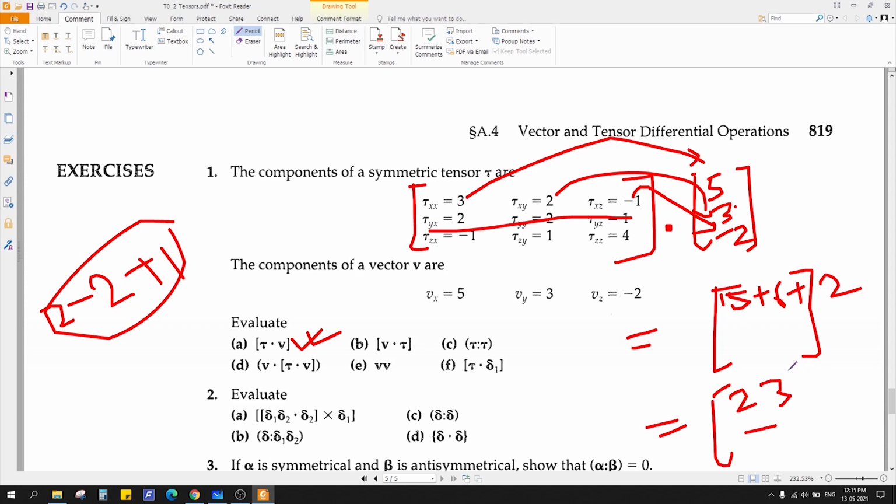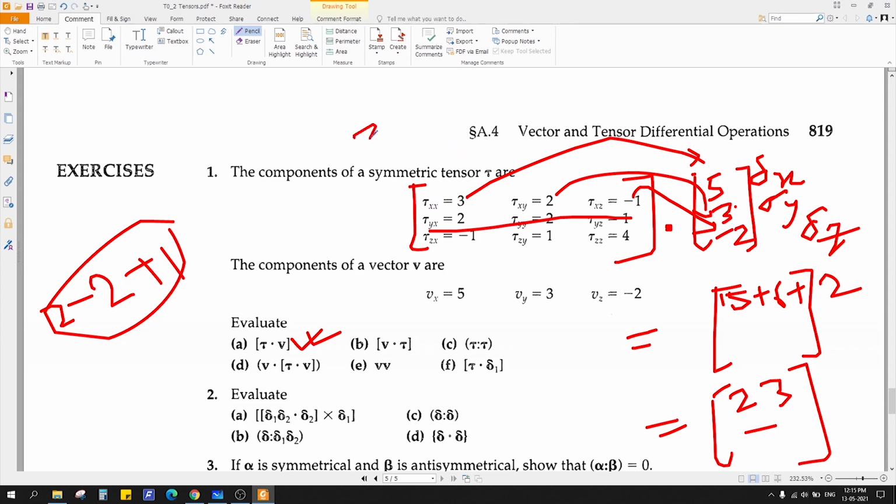What about the directions? So tau xx, right? What is this thing? The first component is delta x. This is a vector, first component. This is delta y, this is delta z, right? So you're doing a dot product. What is the direct product of this tau xx?